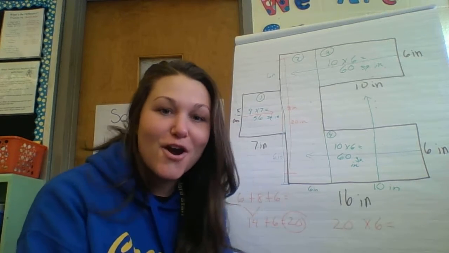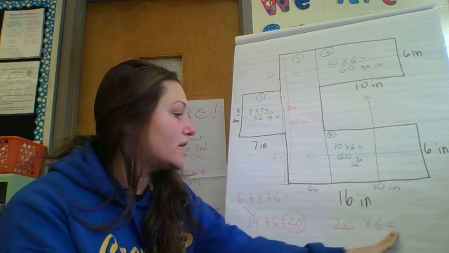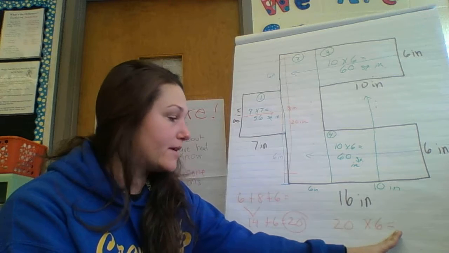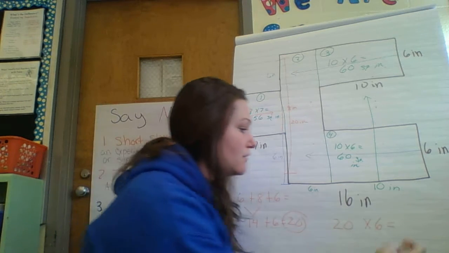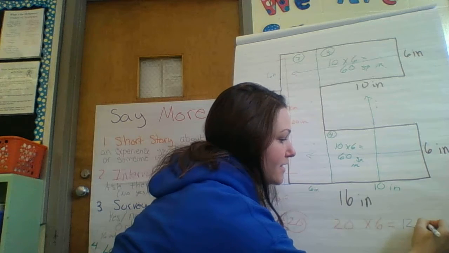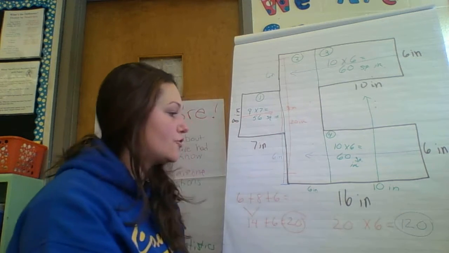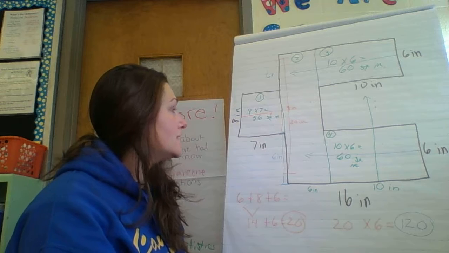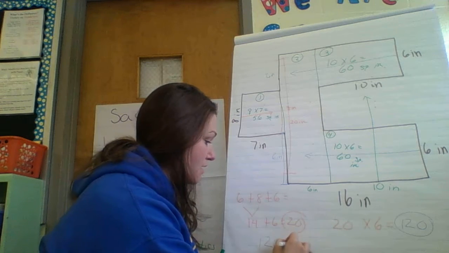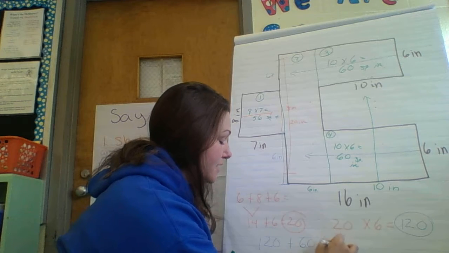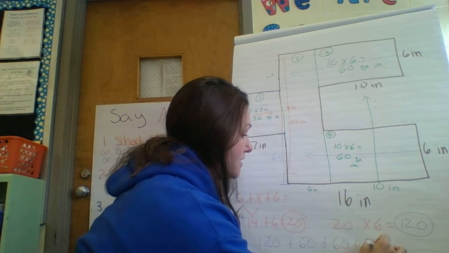Pardon that interruption. All right, so one of our almost final steps is 20 times 6. I know that 2 times 6 is 12, and I can annex that 0 for a total of 120. All right, our final step is to add up all of our areas, which is going to give me 120 plus 60 plus 60 plus 56.